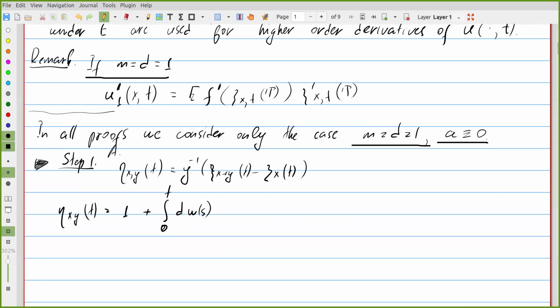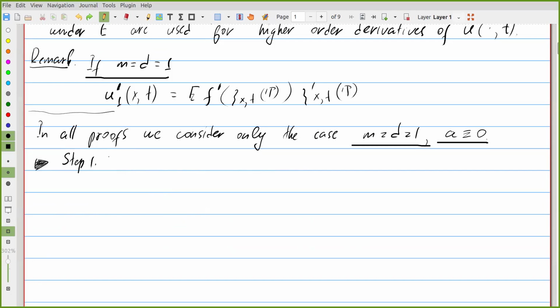Now, let us assume also, wait a second. Let's do it as follows. Simplify notation, let us assume additionally that sigma is autonomous.